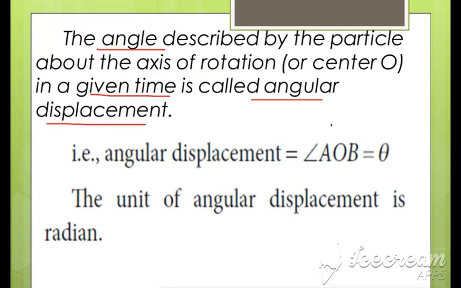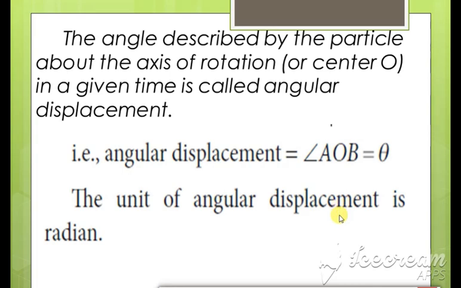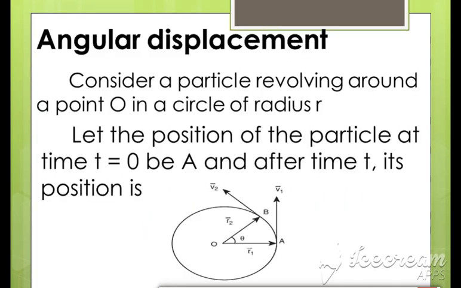Next, how do we write this? Let us consider this to be the angle theta, this is the radius, and this is the length of the arc. So we can write theta equal to this length divided by this radius.